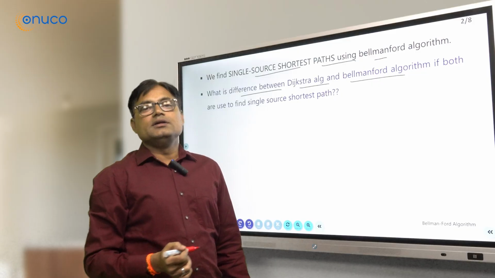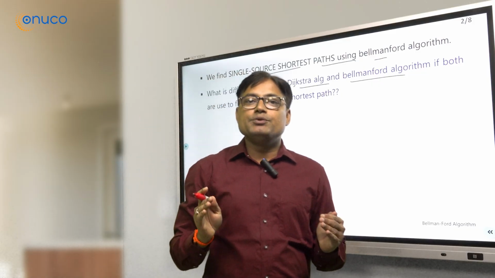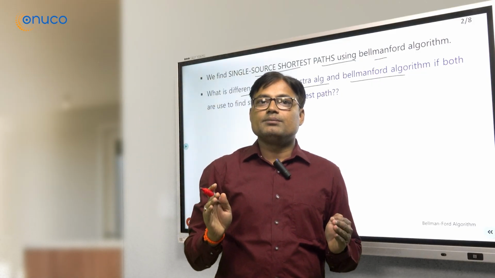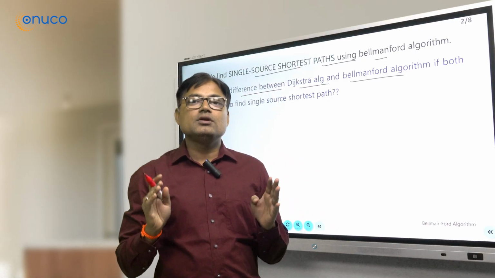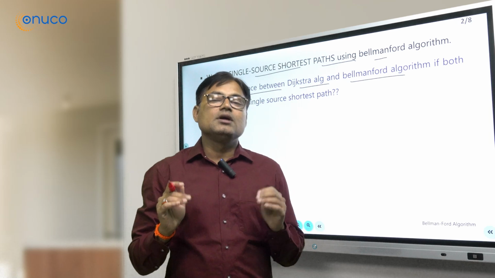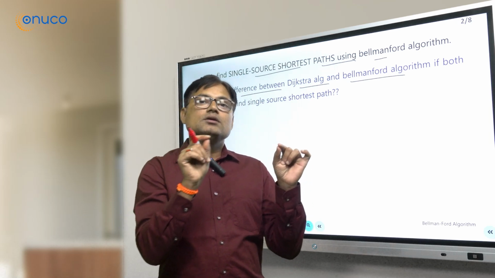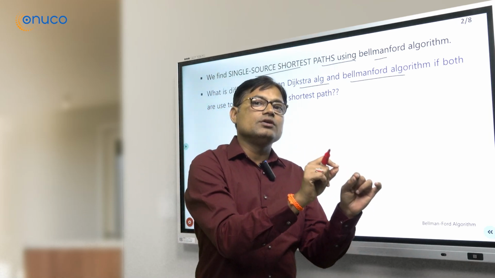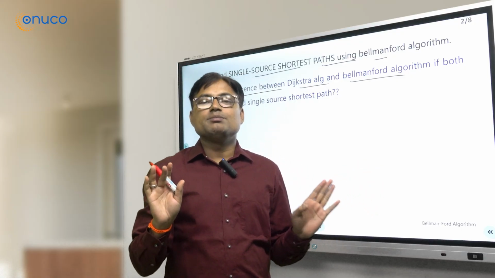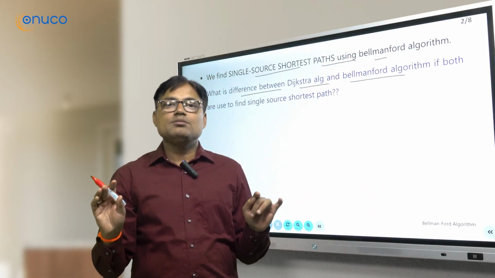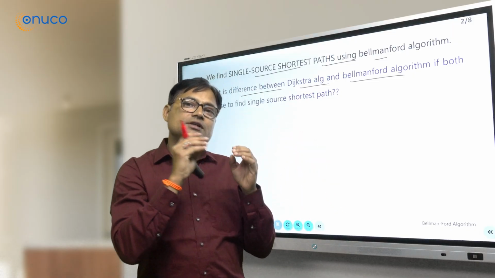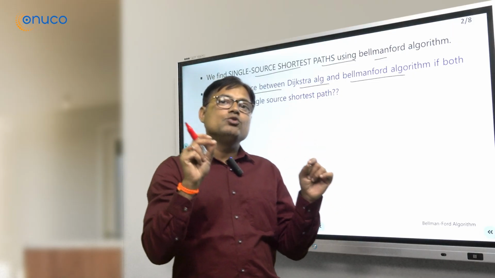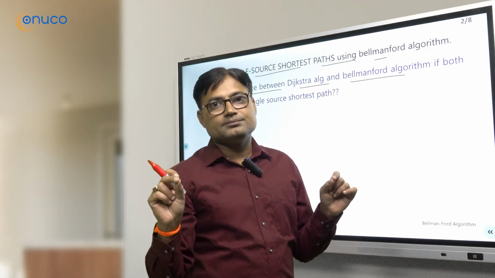Remember that Dijkstra algorithm is focused on a single source shortest path based on only positive weight on the edges. It means distance, time, weight, whatever the weight matrix you have, or the graph is a weighted graph, that value must be positive.